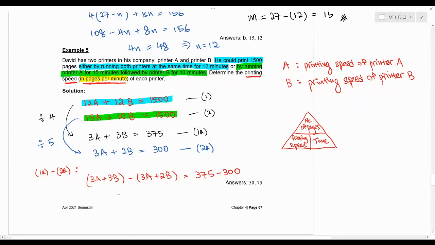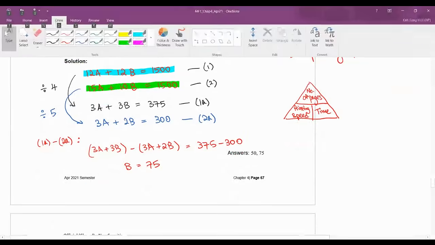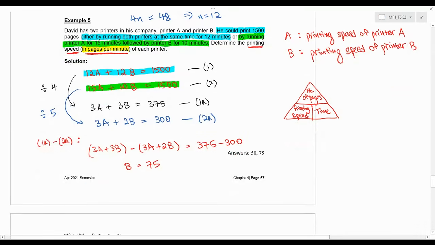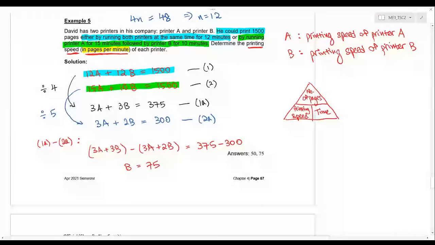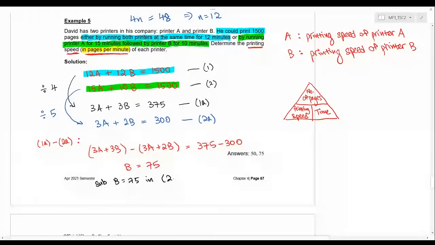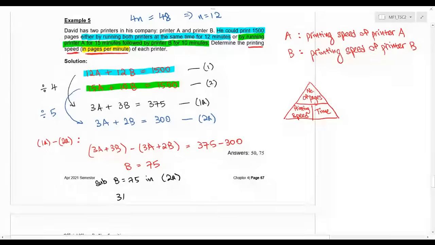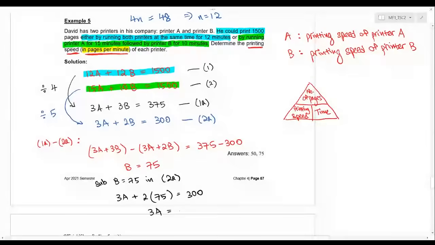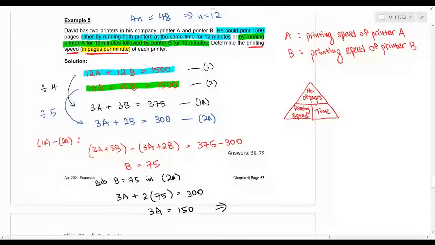When you simplify the entire thing, you should end up with just b equals 75. Last but not least, you want to solve for A, so I'm going to substitute this back into the equation. You can substitute b equals 75 into equation 2a. So 3a plus 2 times b, which is 75, is 300. So 3a is going to give me 150, and therefore a must be 50.